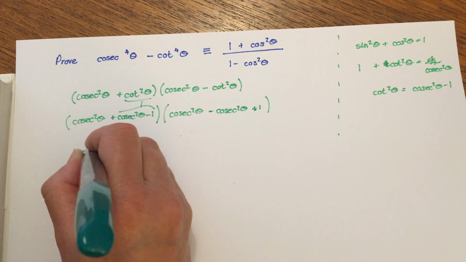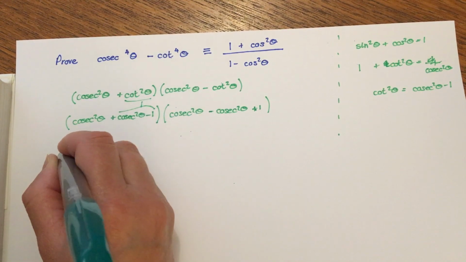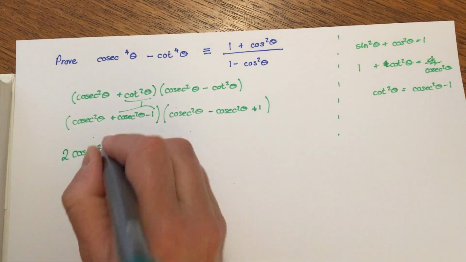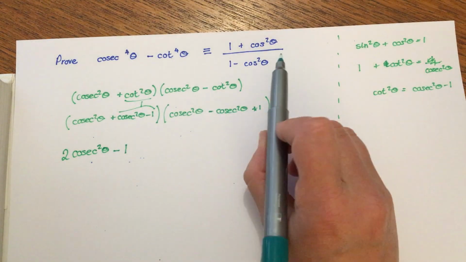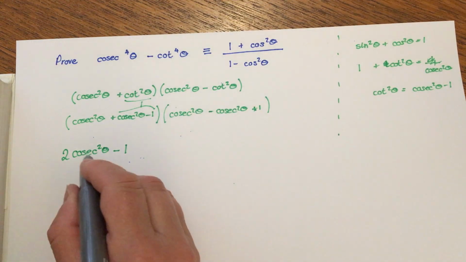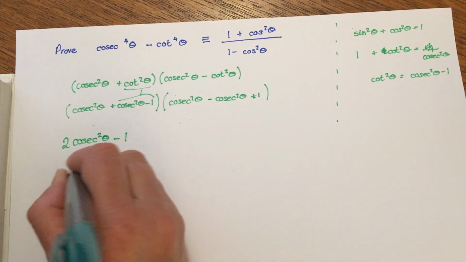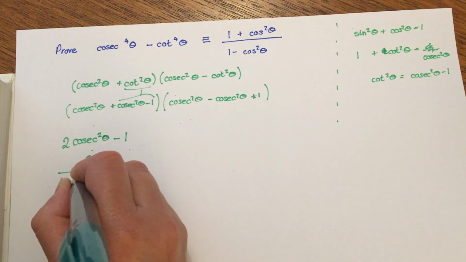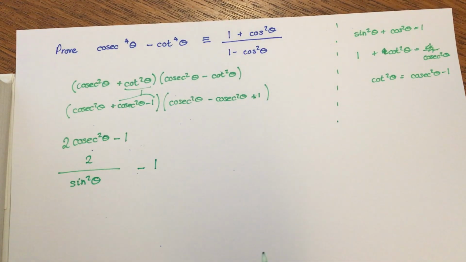So I've got cosec squared theta plus cosec squared theta, which is 2 cosec squared theta minus 1, which does not look anything like that. So I know that cosec is 1 over sine, so 2 cosec squared is 2 over sine squared theta minus 1.